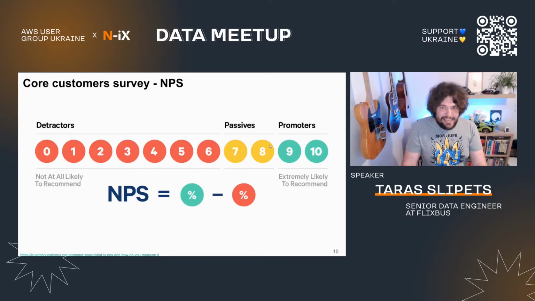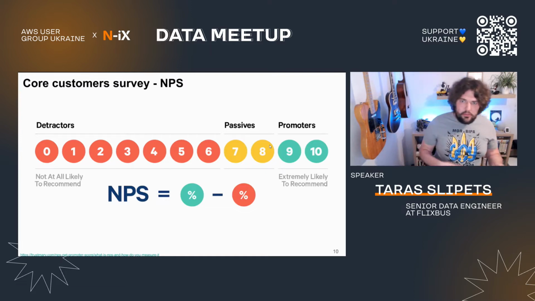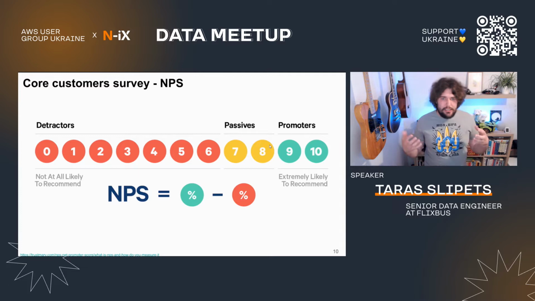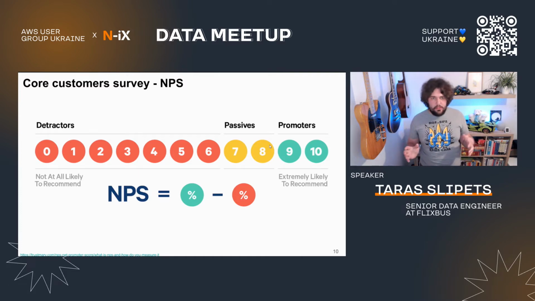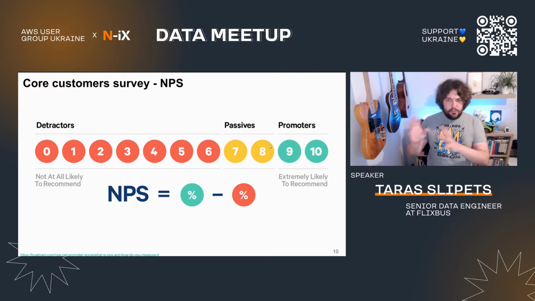As an example of customer feedback and surveys, a good one is the NPS, or Net Promoter Score, survey. You see it a lot when you use services: could you please rate your experience, was it good or bad? Just put a number from 0 to 10, or 1 to 10.